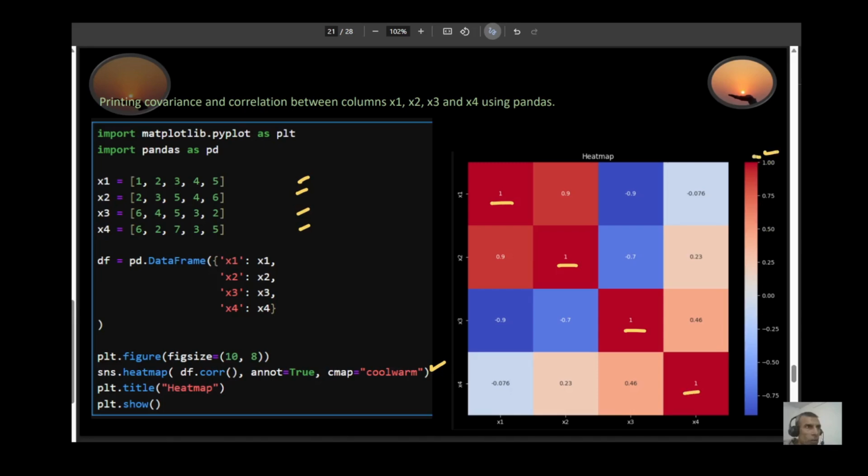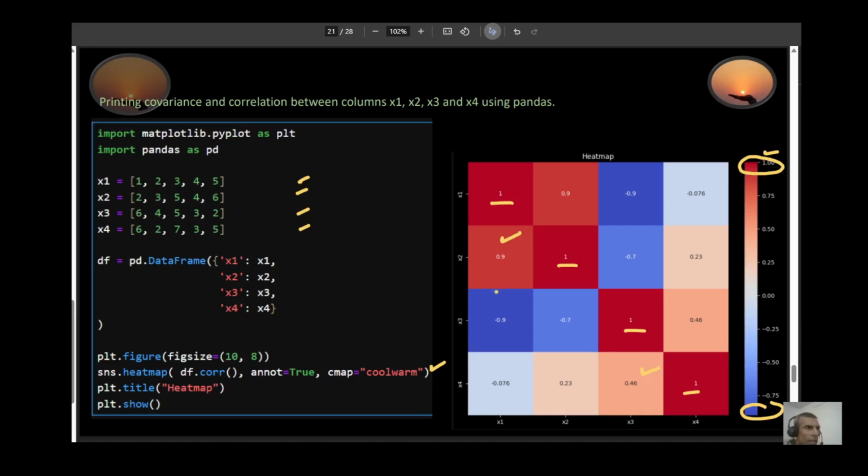This color map is telling you that anything closer to 1 would be red, and anything closer to minus 0.75 or minus 1 would be almost blue. So just by looking at the color, you can tell which variables are positively correlated and which are negatively correlated. In this case, all the red ones would be positively correlated. So you can see this one is red, and this one is a little bit red, but not a lot.